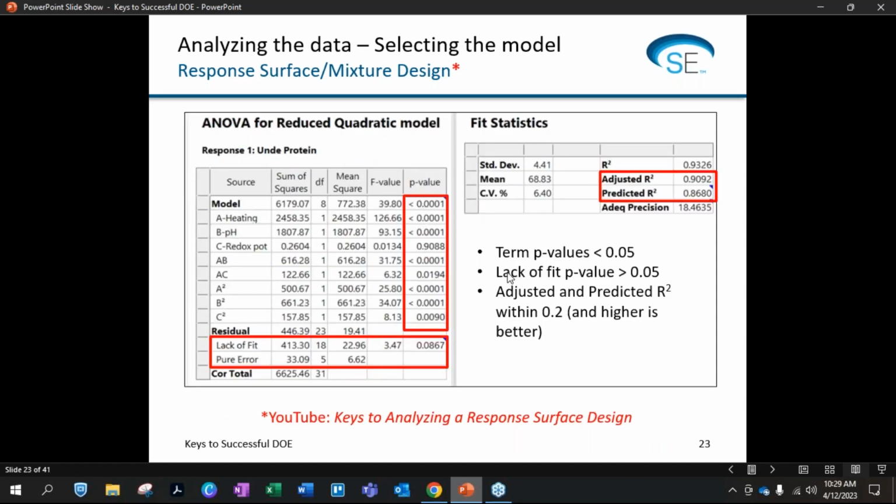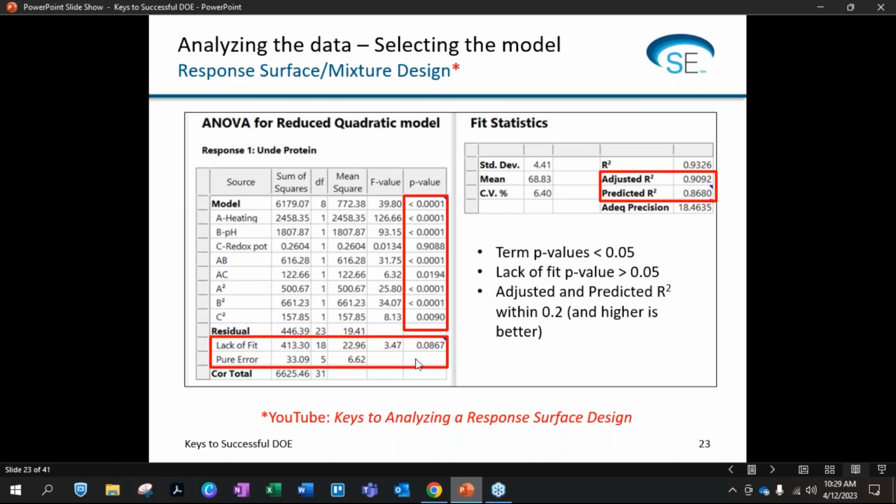Again, you want to only have terms in the model that are statistically significant. The term p-value should be less than 0.05, but factor C here is not significant, yet it is required for hierarchy with the AC interaction and with the C squared. So that is a little exception to the rule. It's in there for hierarchy.